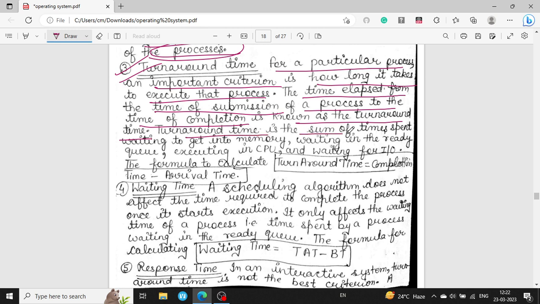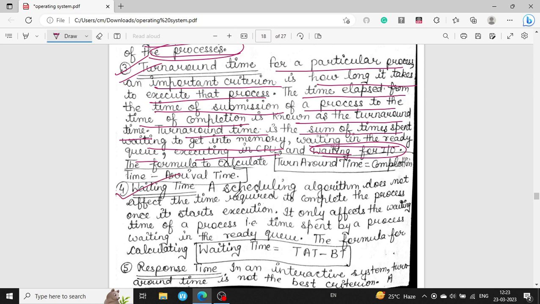Turnaround time is the sum of the time spent waiting to get into memory, waiting in the ready queue, executing in the CPU, and waiting for input output. For this, we use a formula to calculate turnaround time: by subtracting the arrival time of a process from the completion time of a process.